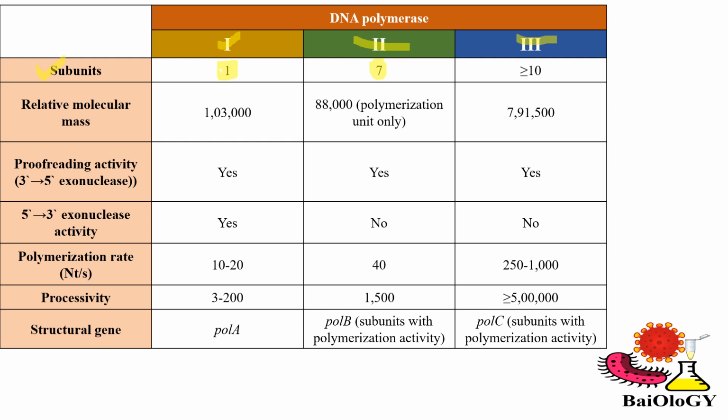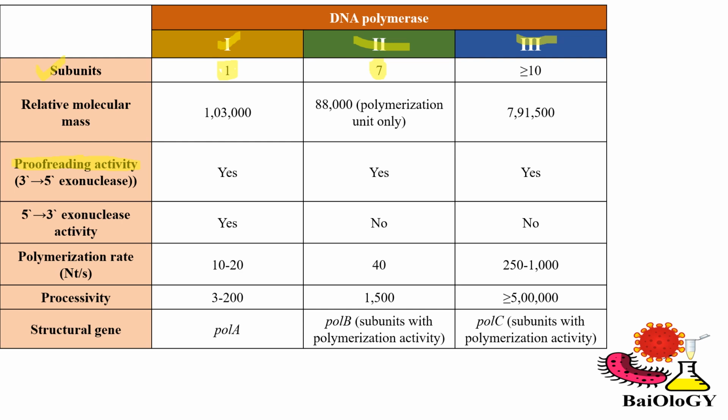Next, let us talk about some of the enzymatic activities which the three DNA polymerases have. First is the proofreading activity. When DNA polymerization is taking place by the DNA polymerase, sometimes a base pair can be misread by the DNA polymerase, and after misreading there can be a mispairing, right?